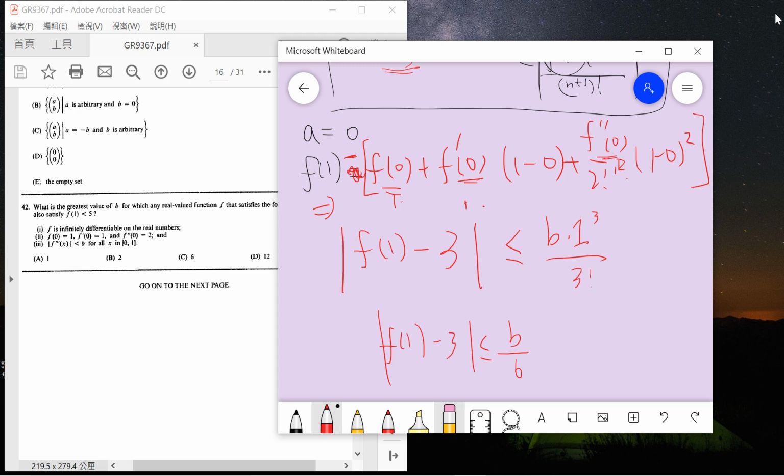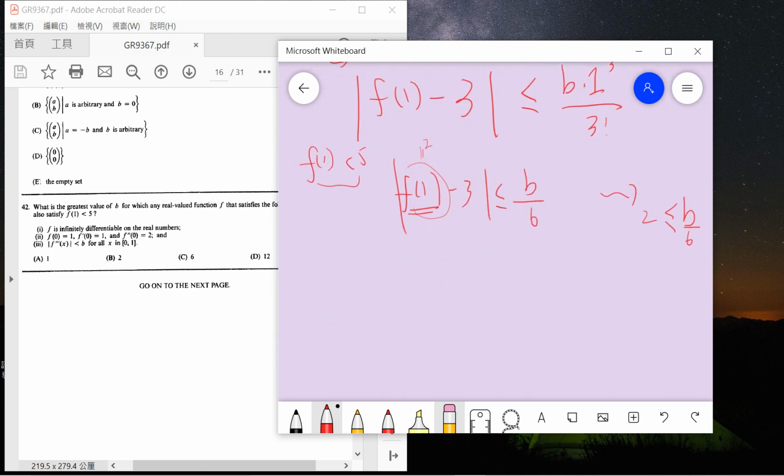And then we know that the maximum for f(1) is 5, right? Because the question tells me that f(1) is less than 5. So when f(1) is 5, then 5 minus 3 is 2. So the greatest number for this is b divided by 6. Maybe I should write this down.